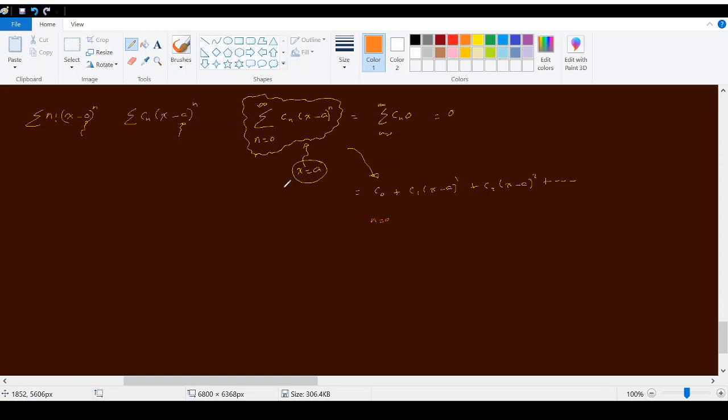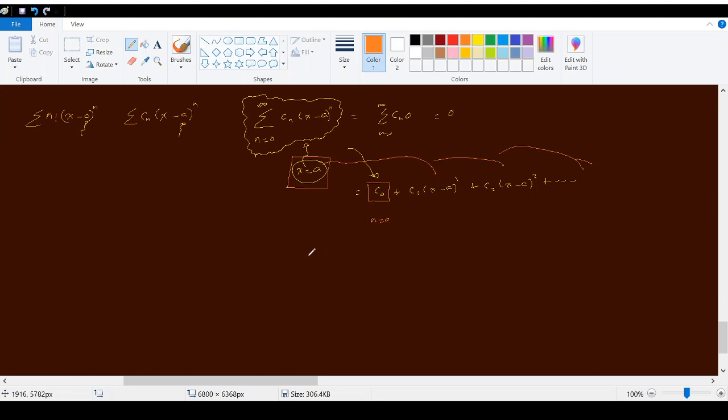So if you are substituting x minus a, you will be doing it for all these other terms. Therefore, you will anyway have the C0 term remaining, although the other terms vanish.